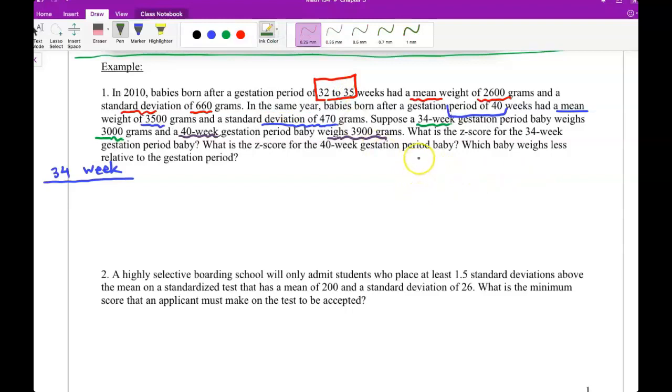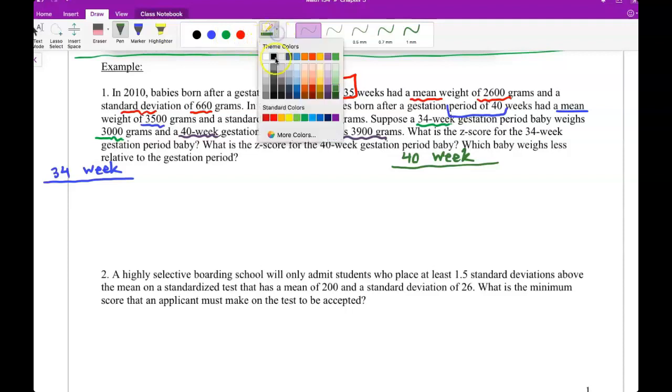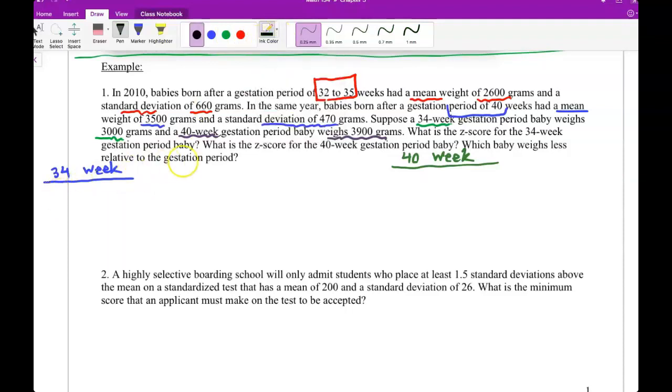What's given for 34: the mean is 2,600 and the standard deviation is 660, because 34 weeks falls in this period.